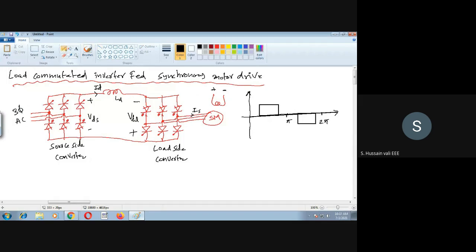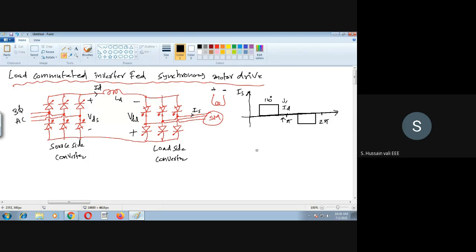So what is the duration? This is the 120-degree duration. What is the height of this? ID is the height of this. Okay, so this is the waveform of IS. So one phase current is this one. I hope you know how we got this, we might have got it even in the power electronics course itself.